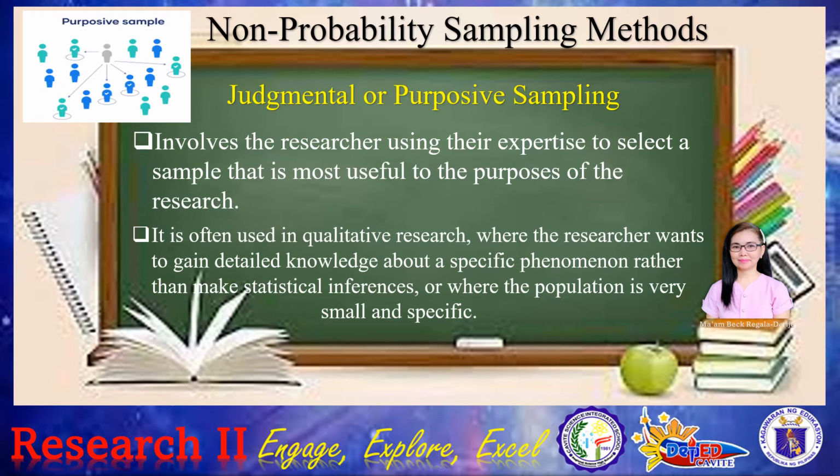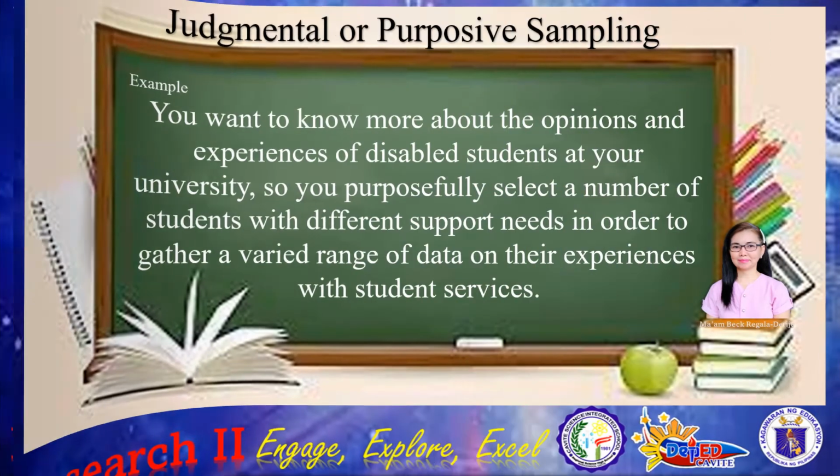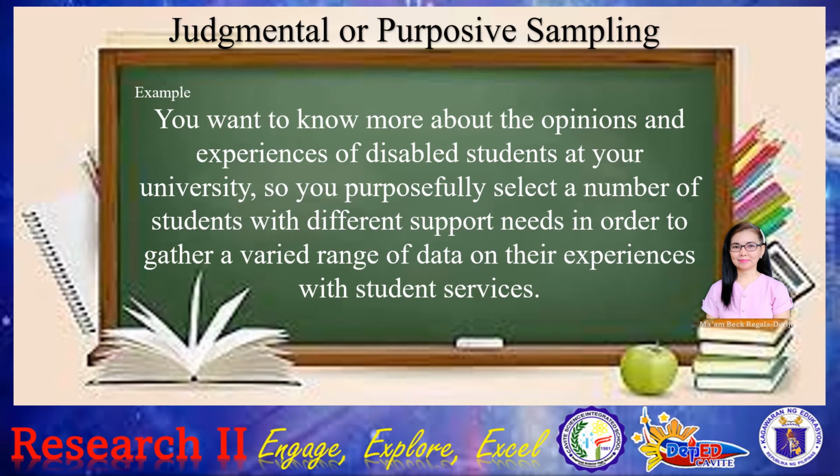Let's have this example. You want to know more about the opinions and experiences of disabled students at your university. So you purposefully select a number of students with different support needs in order to gather a varied range of data on their experiences with student services.